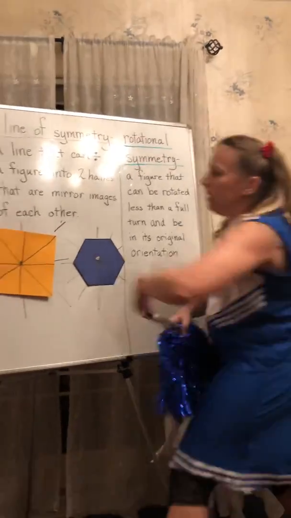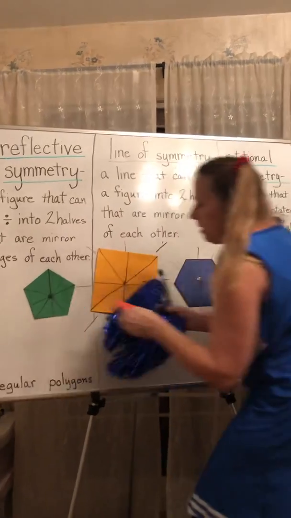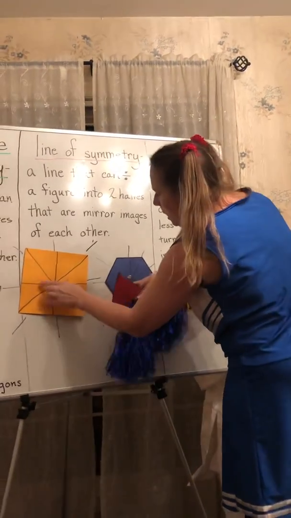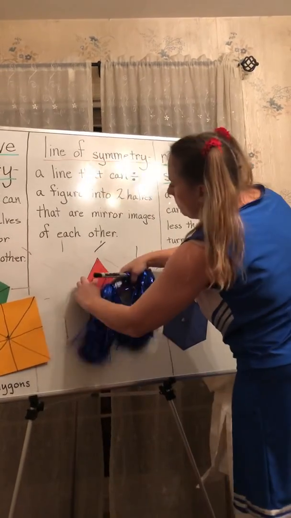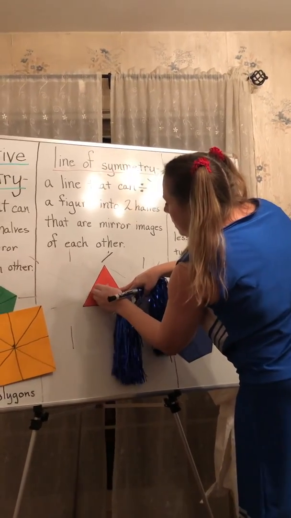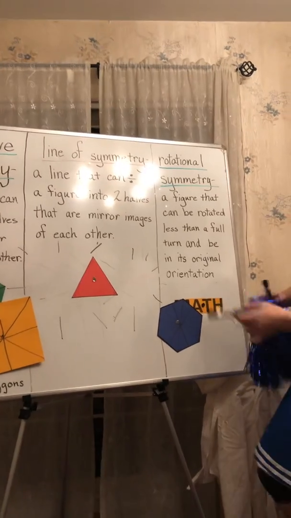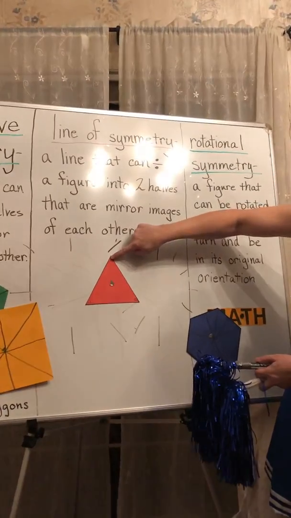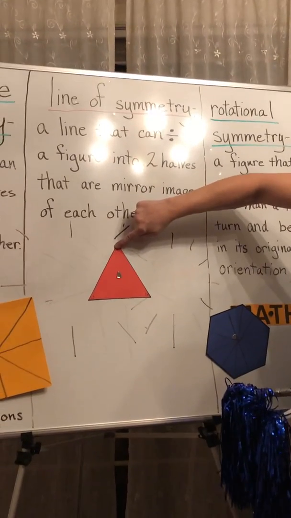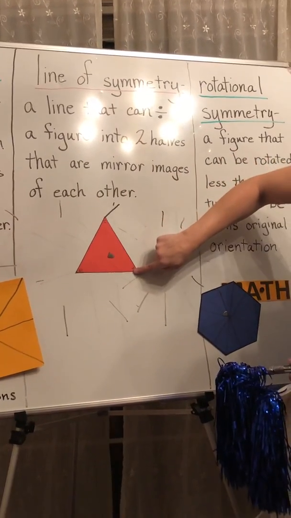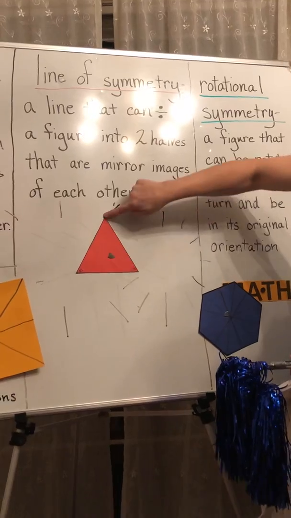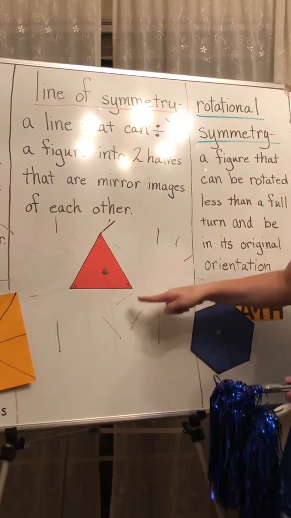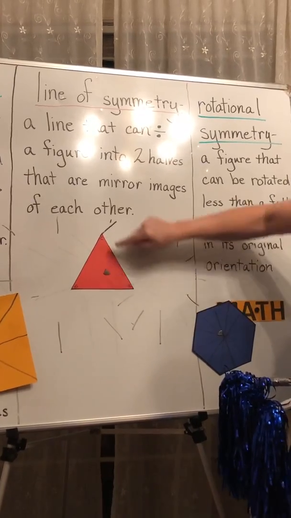Let us see. Let's take our little triangle and we will stick it here. Now, as I spin our triangle, will it look the same before it gets back to A? We will spin it once. Ooh, look at that. Now C's at the top and A's at the side, but it still looks exactly the same as before I started spinning.